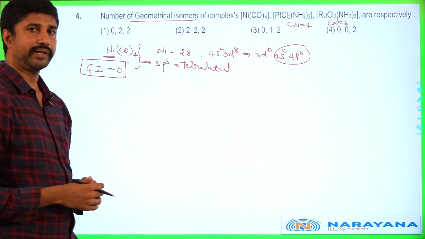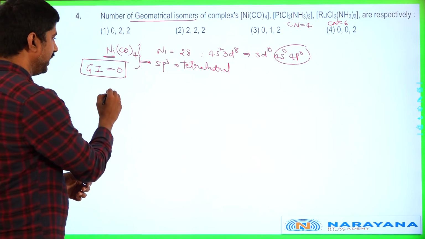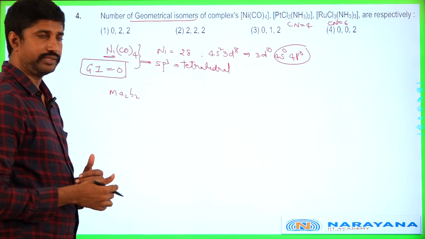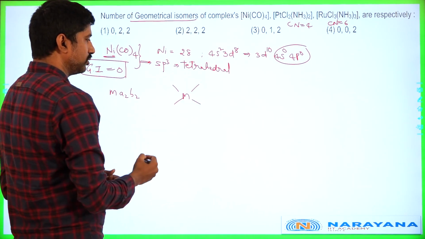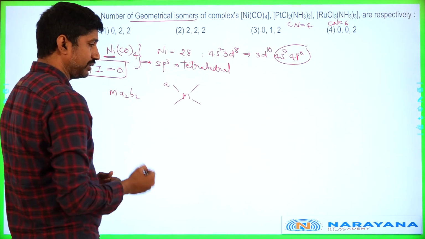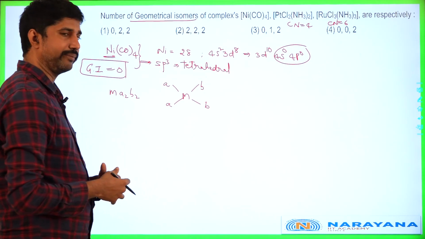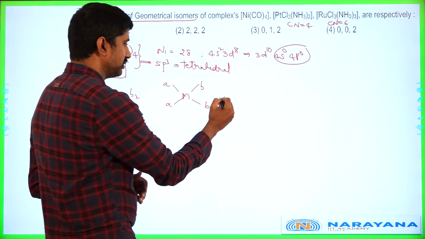So, the platinum complex being square planar is of MA2B2 type. As it is MA2B2 type, we know tetrahedral complexes cannot show, but square planar complexes can show. If you write A2B2 type, this is one possibility.